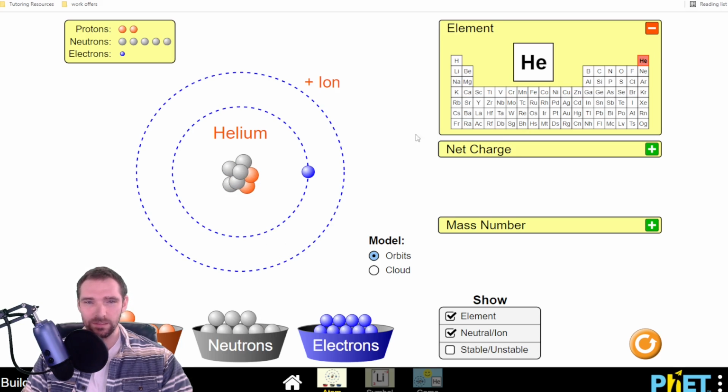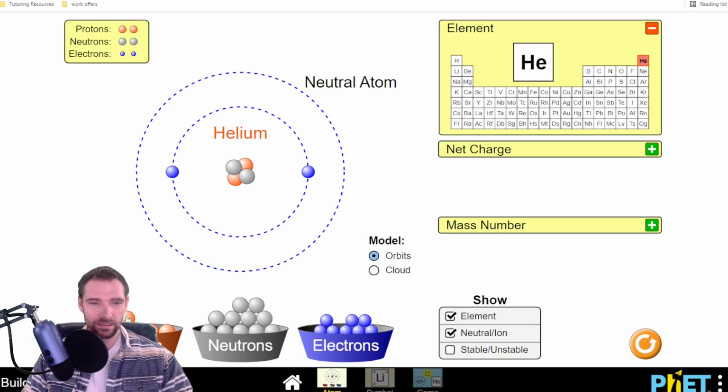No, it's still helium, but I'm having a different number of neutrons present for that helium. Okay. So this is a nice little way of just playing around, seeing how this stuff relates to these numbers that you might see in a periodic table. So if you have a periodic table open and you play around with this, you can see how these things relate, and it's kind of neat if you ask me. I think that this is a really good learning tool.